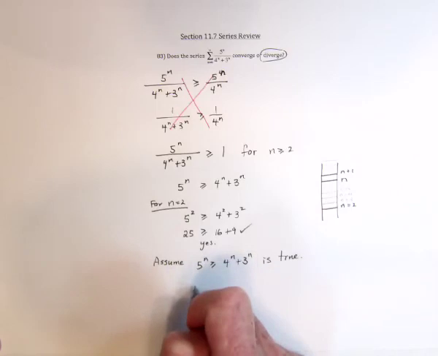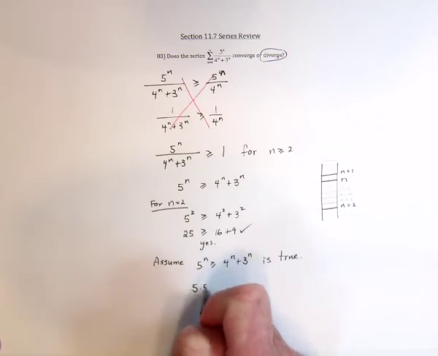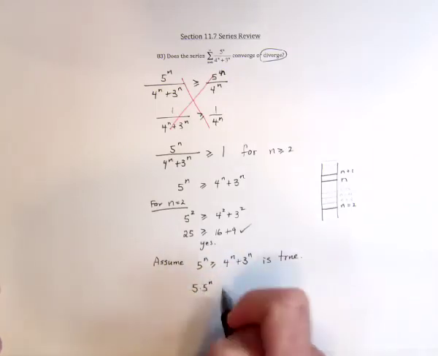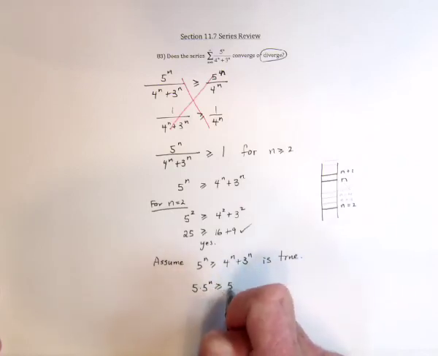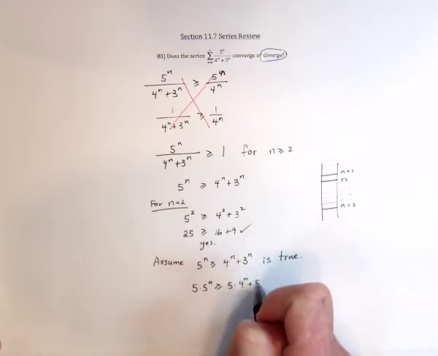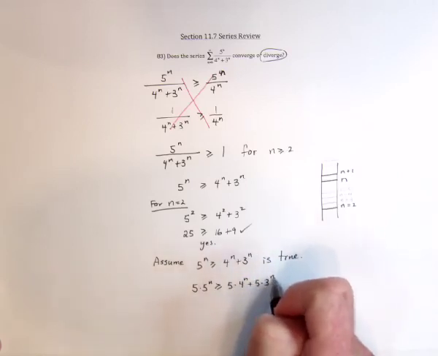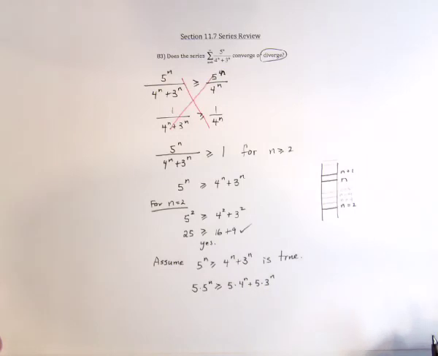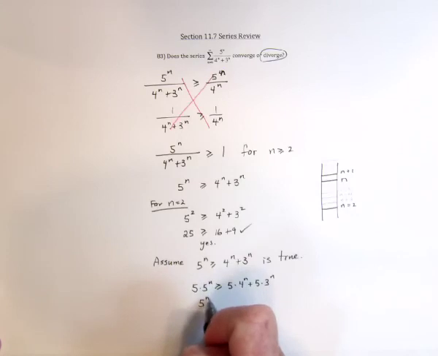So you'll get 5 times 5 to the n. Because 5 is positive, I don't need to change the direction of the inequality. And then multiply the right side, so 5 times 4 to the n plus 5 times 3 to the n. And then this side is 5 to the n plus 1.